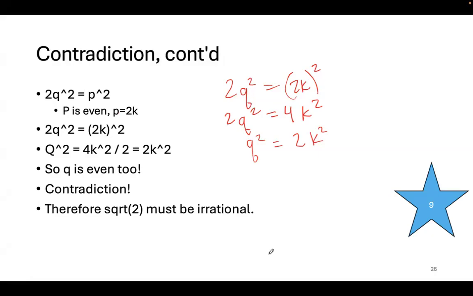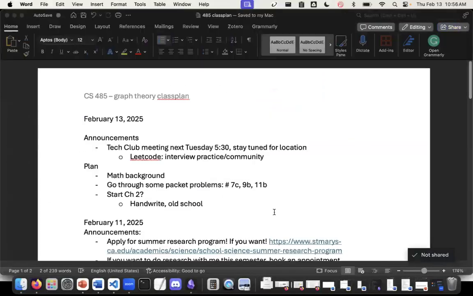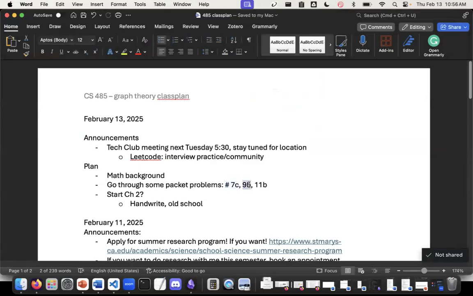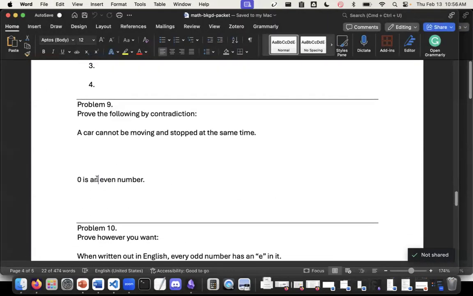Okay, let me look at this. The one I would like you to try and write on the board is 9b, which is 0 is an even number.